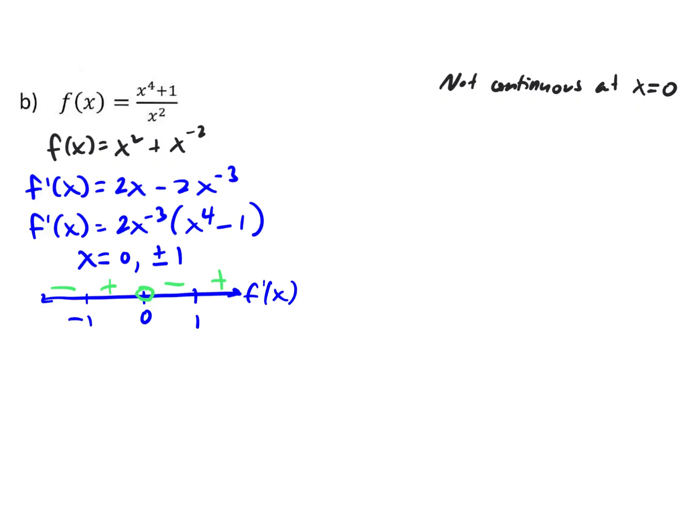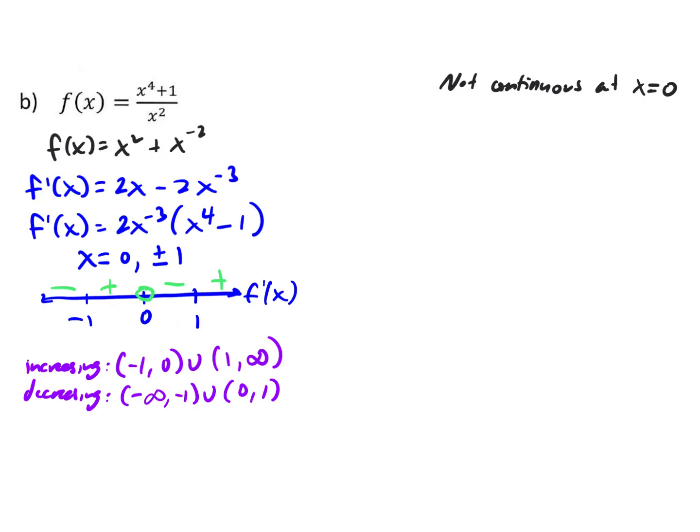Those are tricky. And then from here, we just have to state where it is increasing. Well, it's increasing where there's positive values, so from -1 to 0 and from 1 to infinity. It's decreasing where there's negative values, so negative infinity to -1 and from 0 to 1.